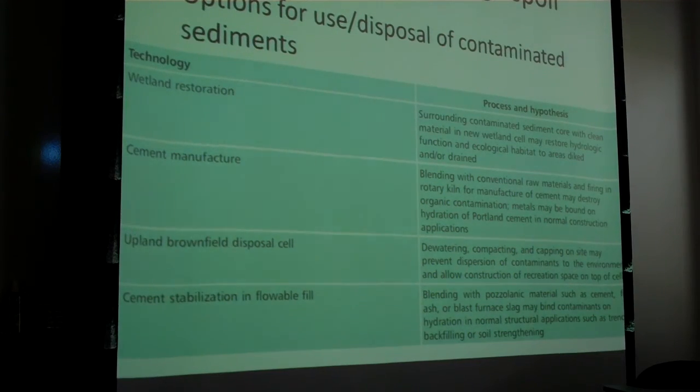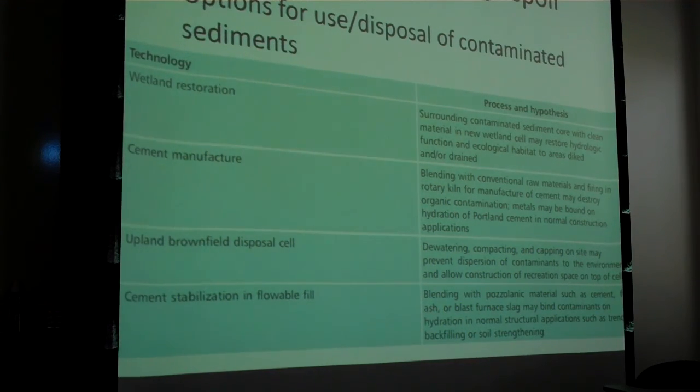Use the sediments to restore wetlands by surrounding them and capping them with clean material and then creating habitat. Make cement out of it. And create a brownfield site where you just dispose it.